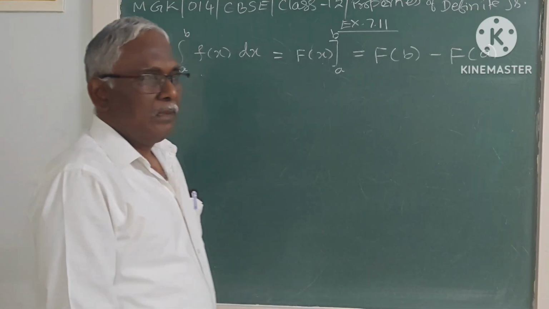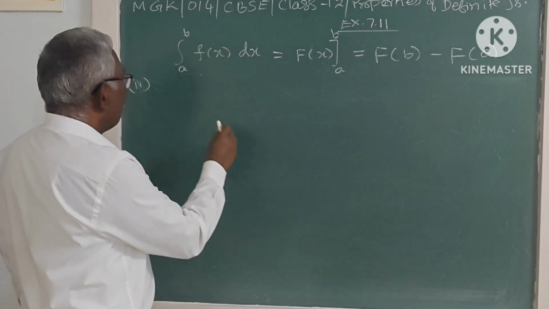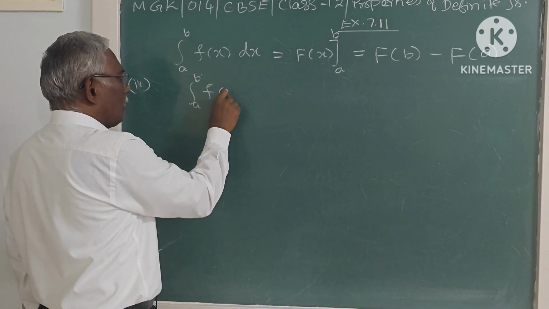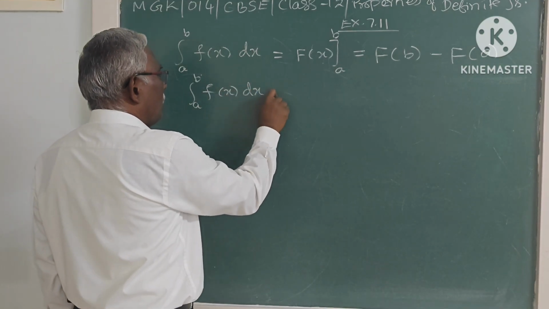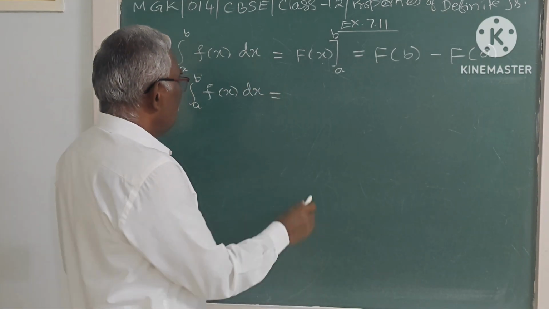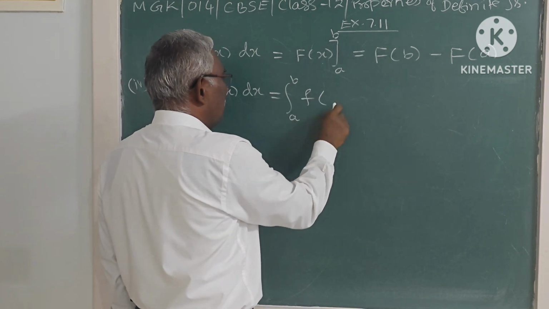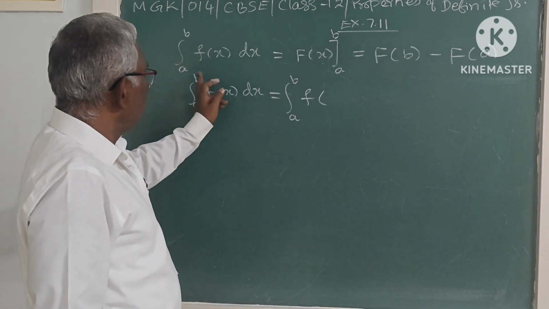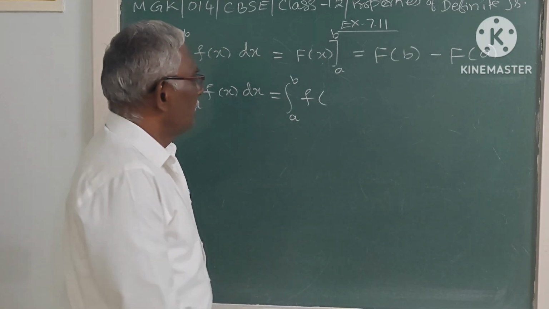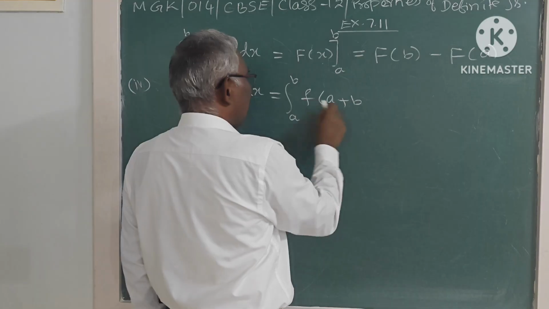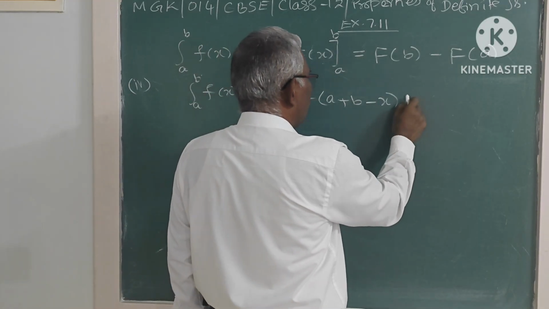Fourth property, integral a to b f of x dx is equal to integral a to b f of a plus b minus x dx.